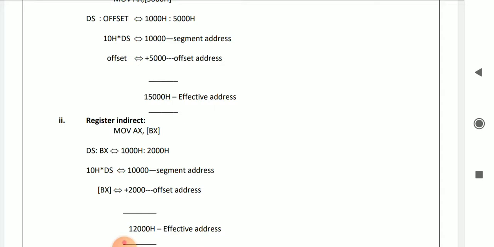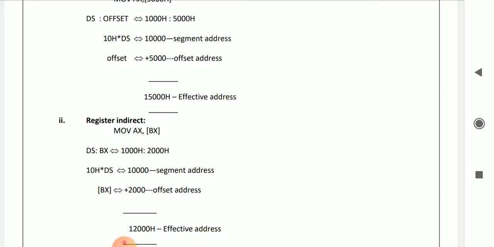Along with the segments there are several offset addresses for each segment. For the data segment you have the base pointer BP or the index pointer. The index registers and base pointer registers basically contain the offset addresses for the segment registers.